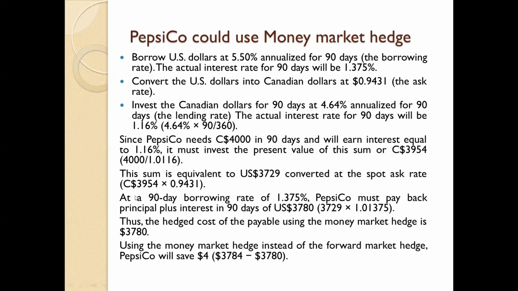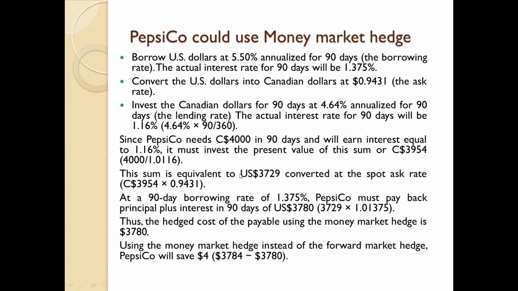So he borrowed $3,729 from the US market at the rate of 1.375% for 90 days. Then how much does he have to pay?